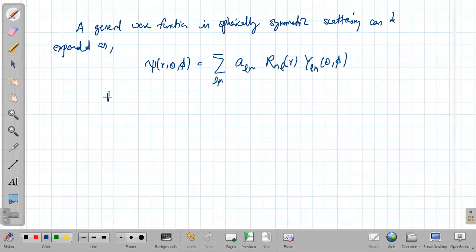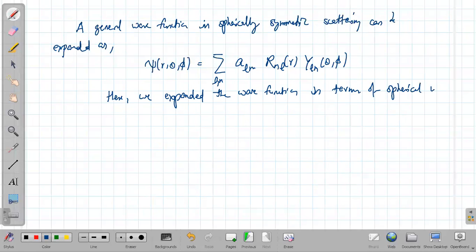Here we expanded the wave function in terms of spherical waves. Such an expansion is called partial wave expansion.